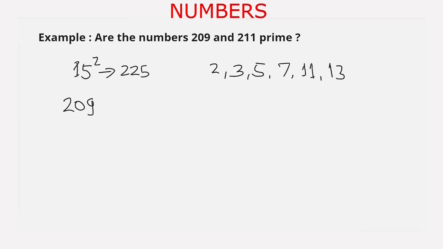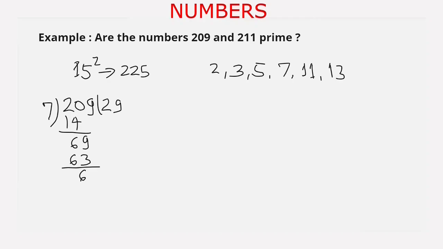So we will check whether it is divisible by 7 or not. On dividing by 7, we get 7 times 2 is 14, and subtracting 14 from 20 we get 6. We carry 9, and 7 times 9 is 63, and the remainder is 6. So it is not divisible by 7.